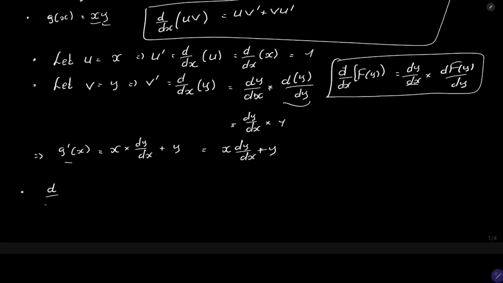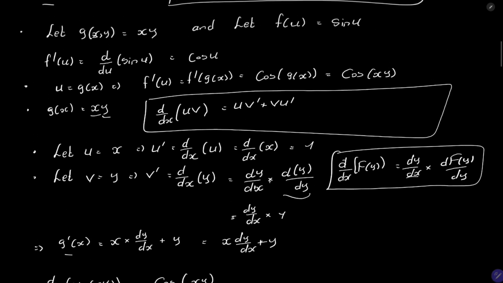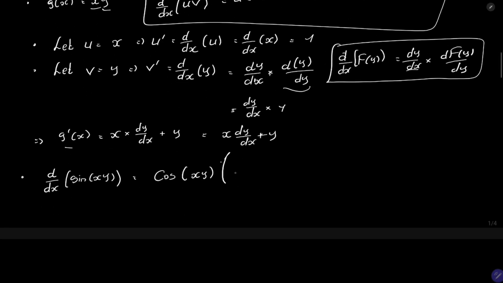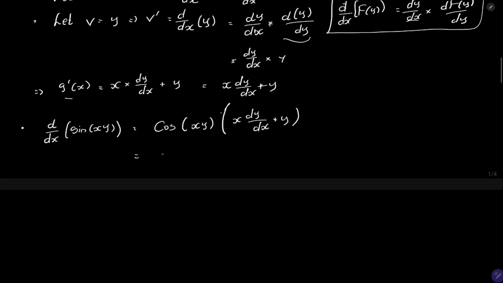So the derivative with respect to x of our first term, sine of xy, gives us cos of xy, that is f prime of g of x, times g prime of x, dy on the x plus y. Let's open our brackets, leaving us with x dy on the x cos of xy plus y cos of xy.